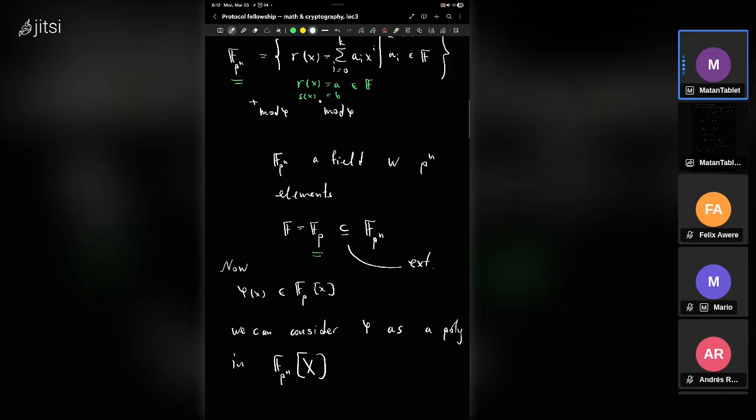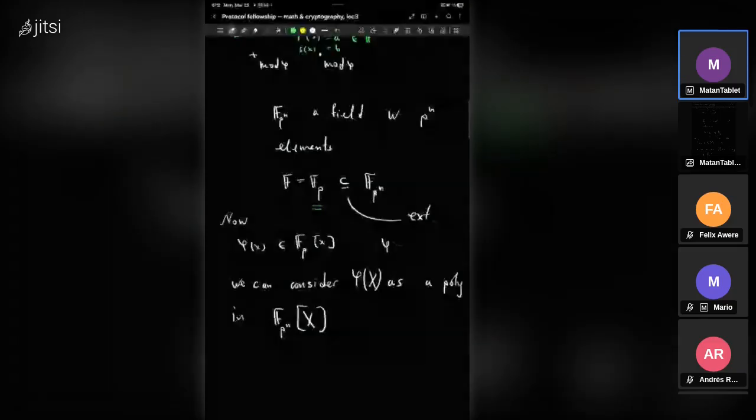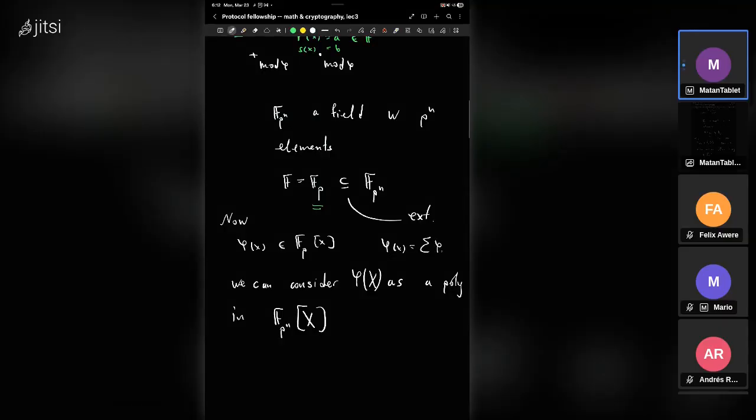So now, if I consider phi as a polynomial over F_p, I attach to it a big variable X. But the coefficients of phi, whatever they are, let's say phi(x) is the sum of phi_i x^i, then phi(X) is going to be the sum of phi_i X^i.